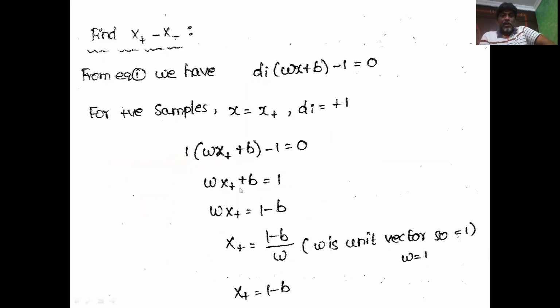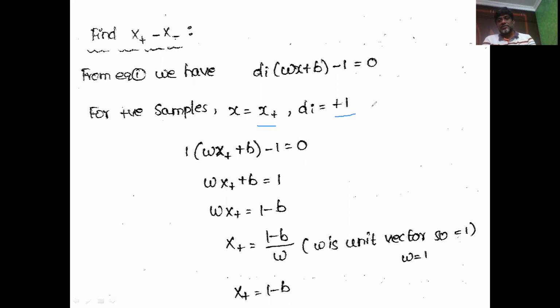Okay, so let us calculate x plus minus x minus. From equation 1, we have the single constraint di(wx + b) - 1 = 0, which can represent both positive and negative samples. For positive samples, x is going to be x plus, and the desired response is going to be plus 1.